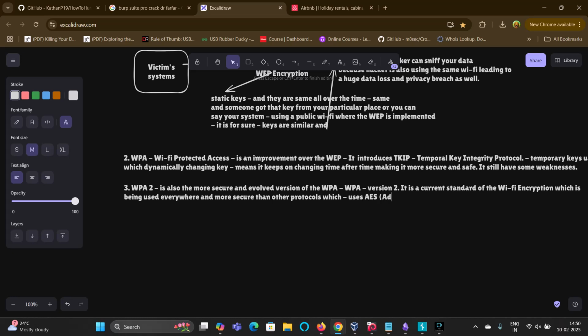AES stands for Advanced Encryption Standard.